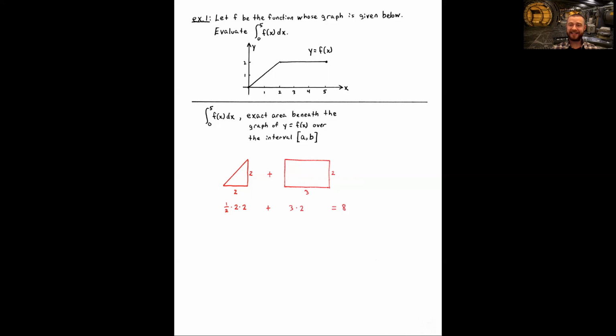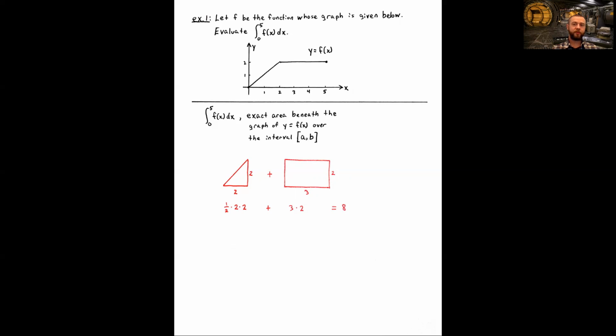And that is the base length for that rectangle. The height is then 2 units. And just multiply, 3 times 2, 6. And we just add them up. This region is built out of a triangular part plus a rectangular part. You should get your total area beneath that curve as 8 units.